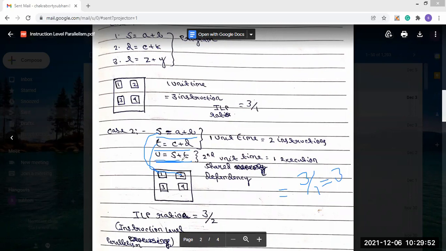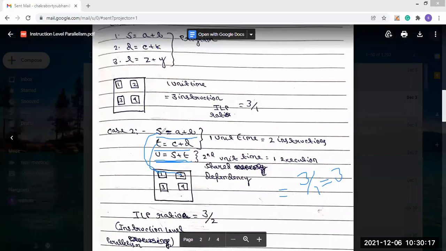But in the third instruction, what is mentioned? u equal to s plus t. That means we need the final values of s and t before we can perform this addition.